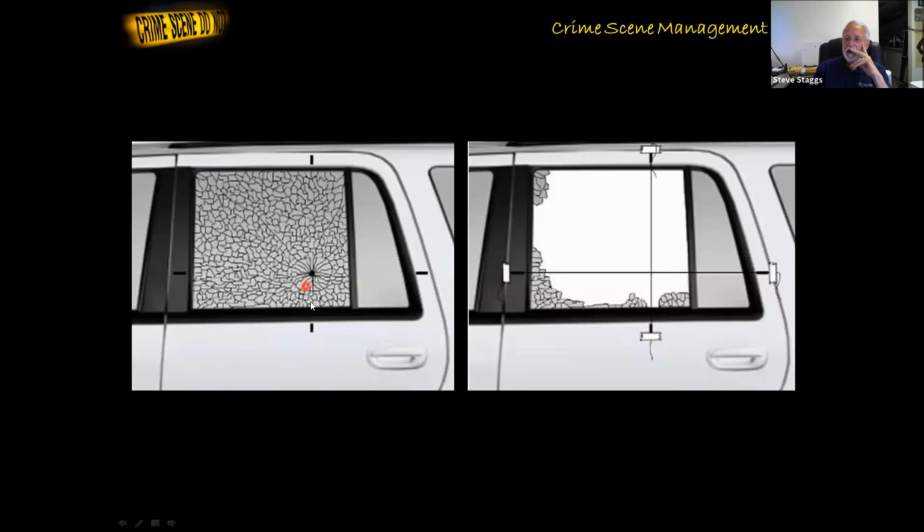Sometimes we will have bullet holes in glass, like in a car. Typically, when there's a bullet hole in a windshield, the windshield does not shatter and fall apart. Windshields are laminated glass. So they are glass, but the inside and outside are laminated with plastic. And that gives it more durability.